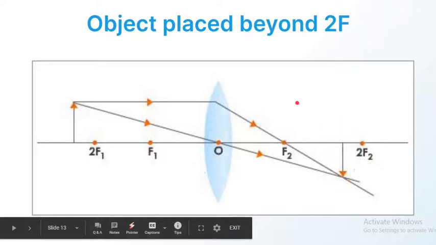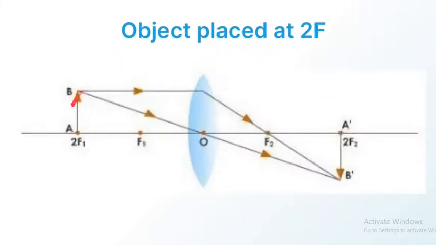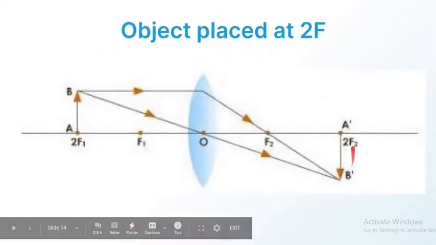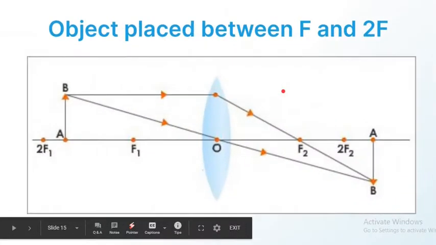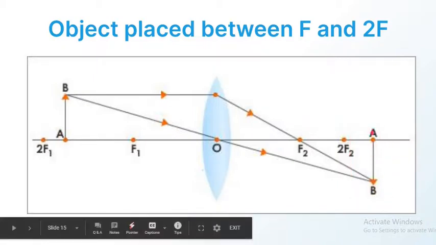If the object is placed at 2f, we get a same sized, real and inverted image at 2f. If the object is placed between f and 2f, we get a real, magnified and inverted image beyond 2f.